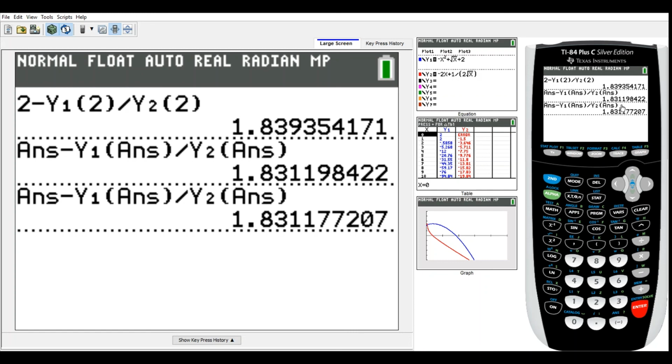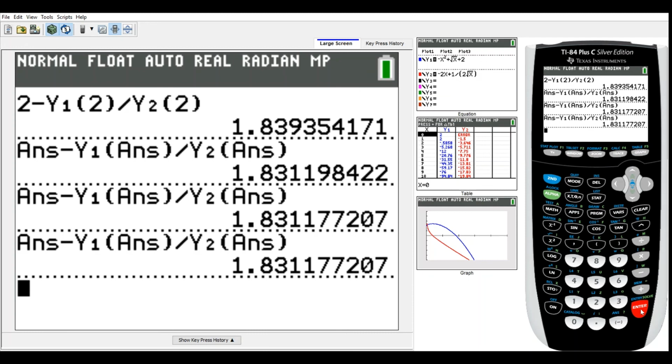Right? The 8311 is not going to change here now. And we could try another one, but I believe we run out of digits here for it to actually make a difference. It looks like it's giving us the same answer, but it's actually a little bit different. It's more than 10 digits out, so we can't see that change that's occurring here now.